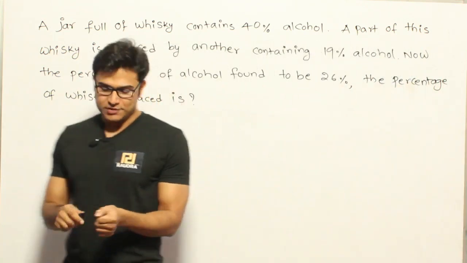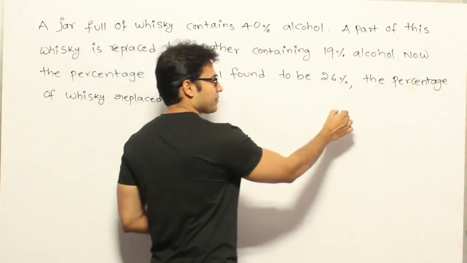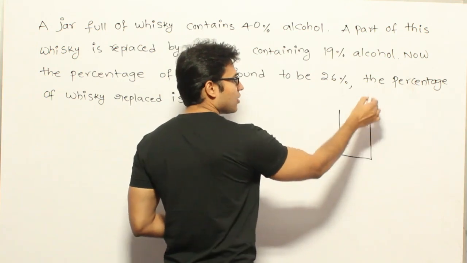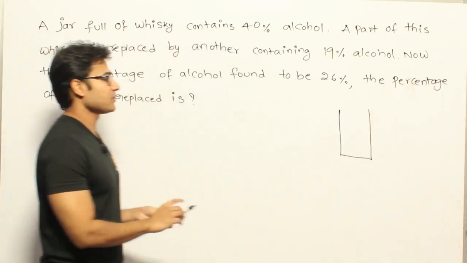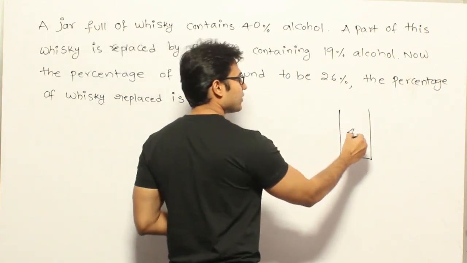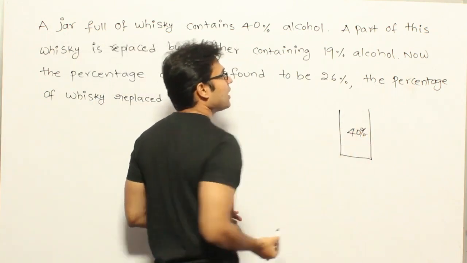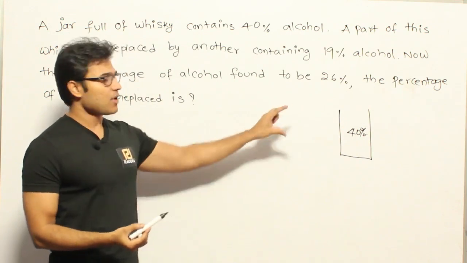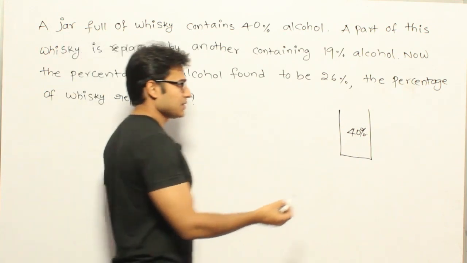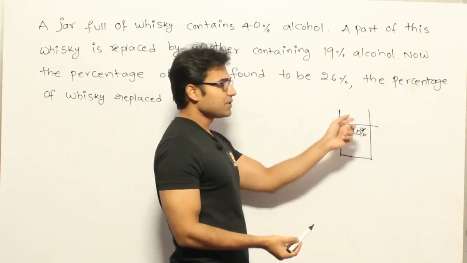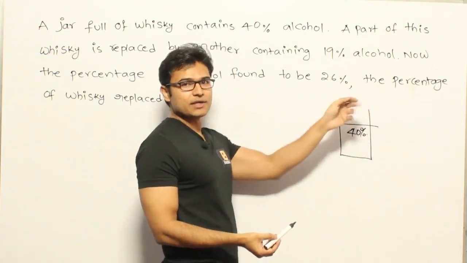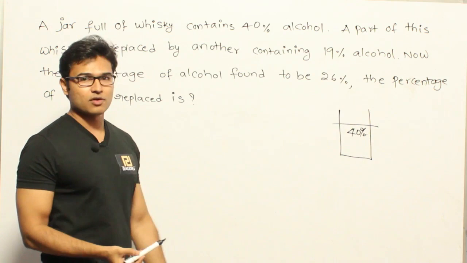So what they're trying to say is, we have a jar containing alcohol, and initially it is containing 40% alcohol. Now they are saying that a part of it is replaced, which means some part of it is taken out and again filled in by 19% alcohol.